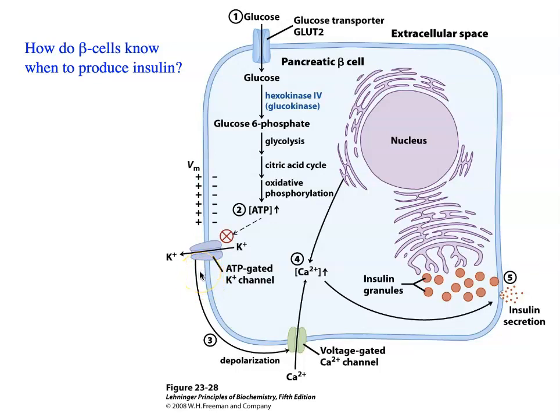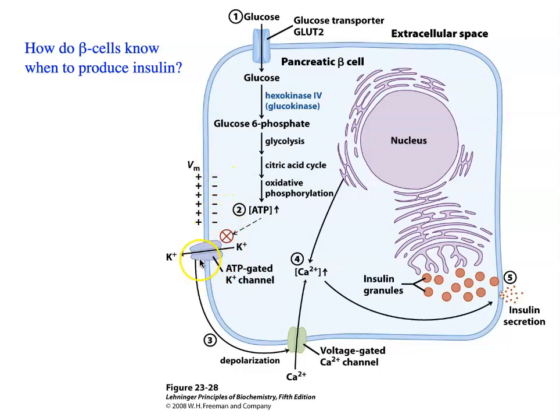Sorry, for a moment I hesitated because I wanted to be clear on this. Normally, potassium is allowed to come out. That keeps the membrane potential positive on the outside and the charge on the inside of the membrane negative.